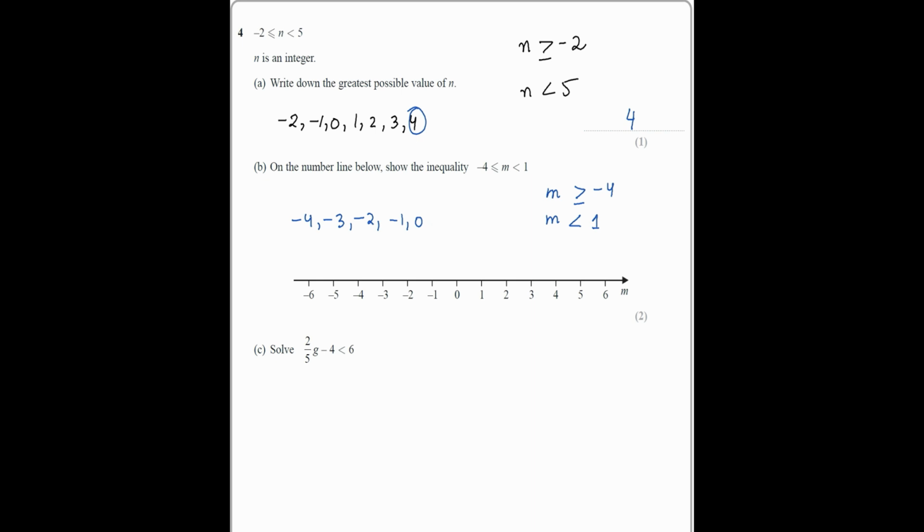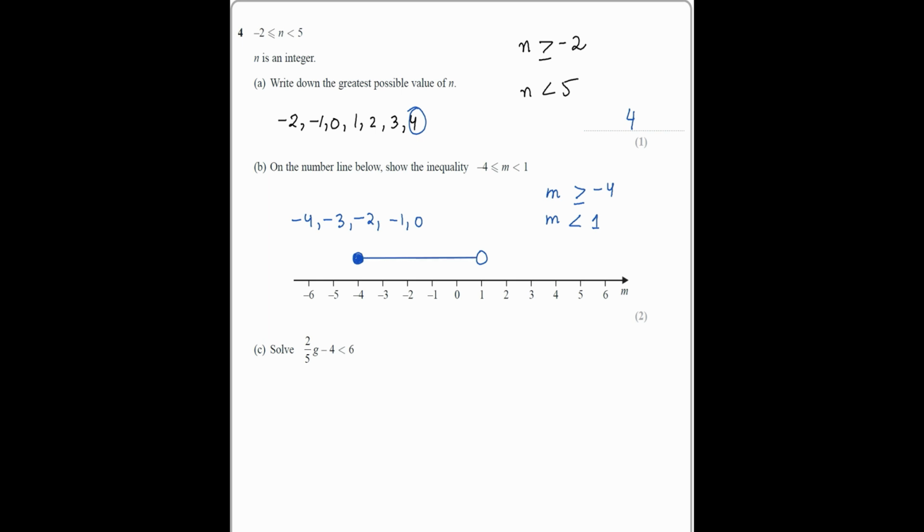But on the number line below, we have to show this. So we have to give the answer in this way. Put a solid dot on negative 4 there in this way, and put an empty dot or an empty circle on 1 and join these two circles together.